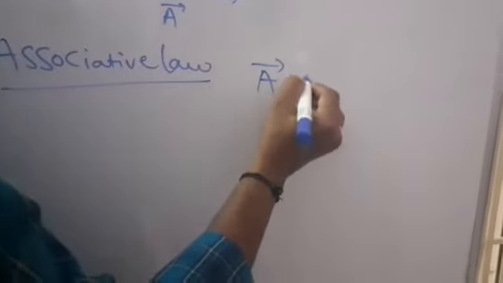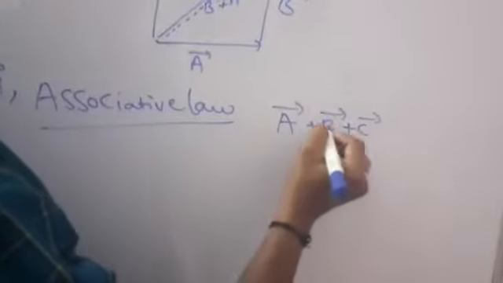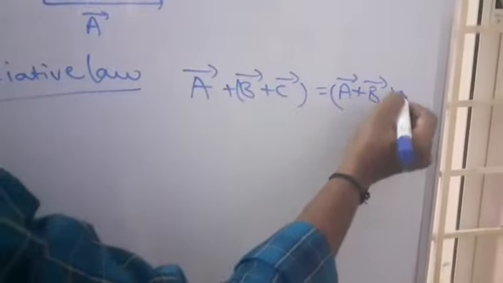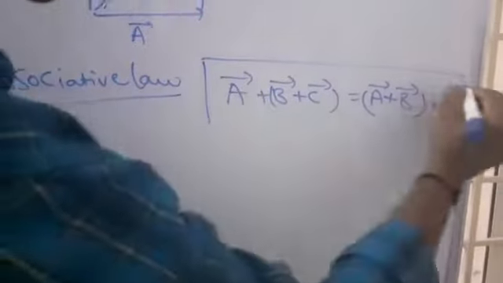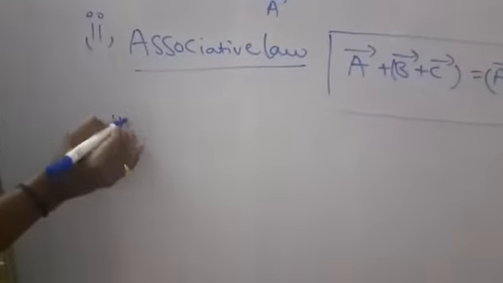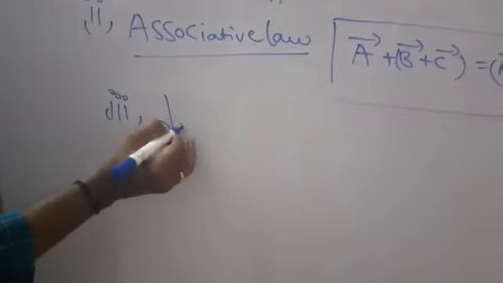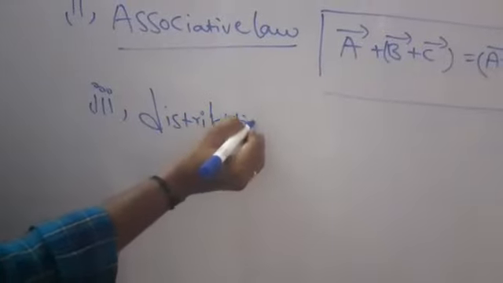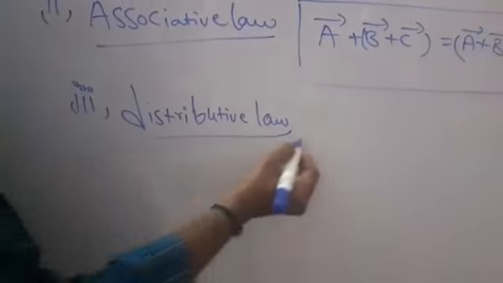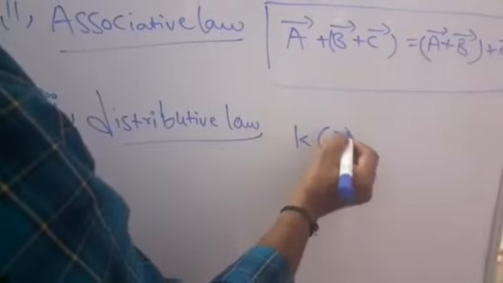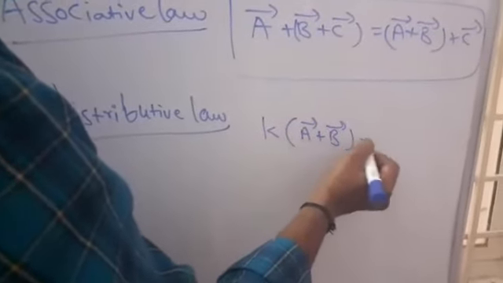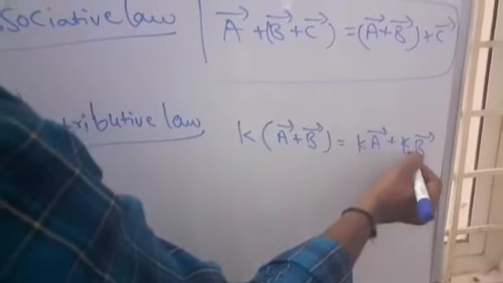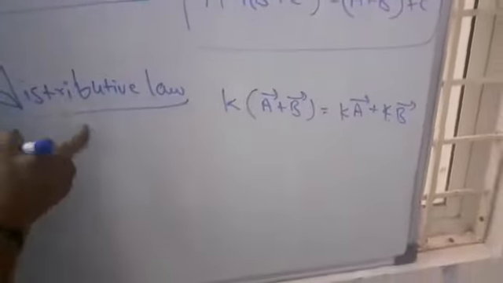Therefore a bar plus b bar plus c bar is equal to a bar plus b bar plus c bar, grouped either way. Next, the third one, the distributive law, is also satisfied. k into a bar plus b bar is equal to k a bar plus k into b bar. So this is the distributive law.